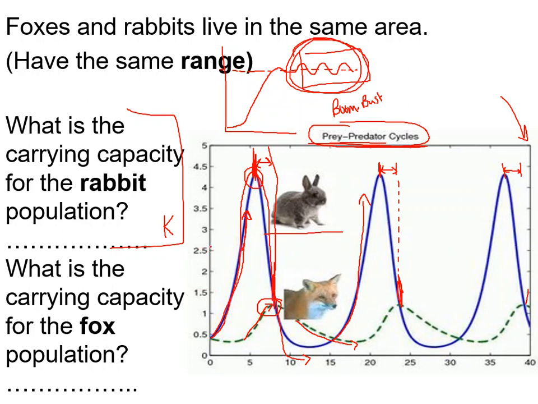So for your rabbits, it's probably somewhere around 2,500. And for your foxes, again, the axis is a little bit off and it's not labeled and got cut off here. On this axis, it's about 0.75. So that's probably like 775 foxes. That's probably too much, but that's where the carrying capacity is.